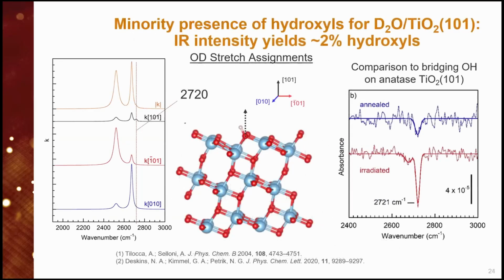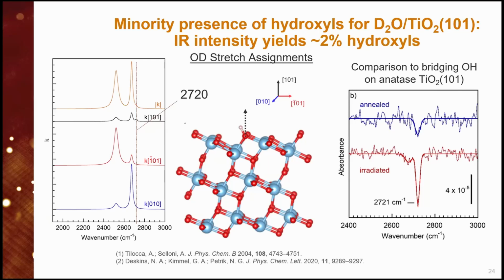What we saw, I didn't point it out, but there was another peak in the original 1 monolayer spectra that I was showing you. It was right up here, right? And that is the bridging hydroxyl peak, the hydroxyl dangling OD for a dissociated water molecule. We were estimating it was 2% maybe on ours.